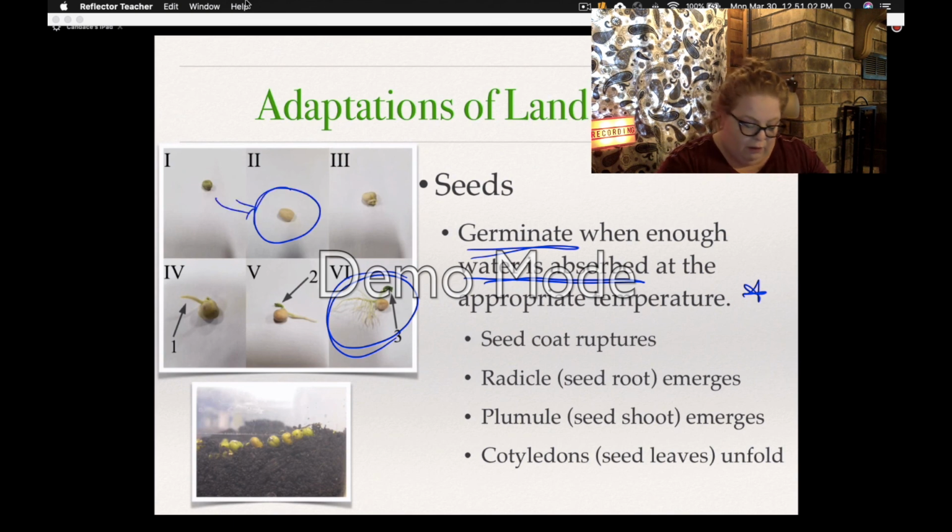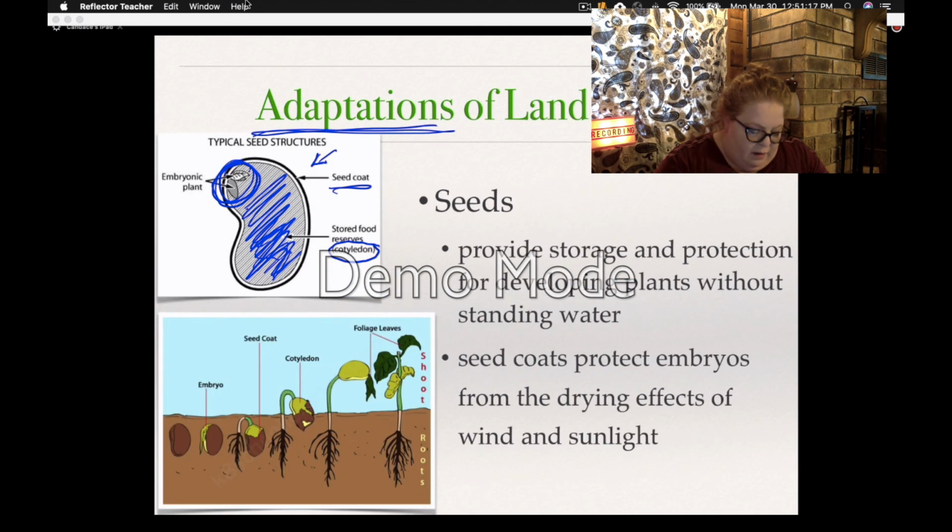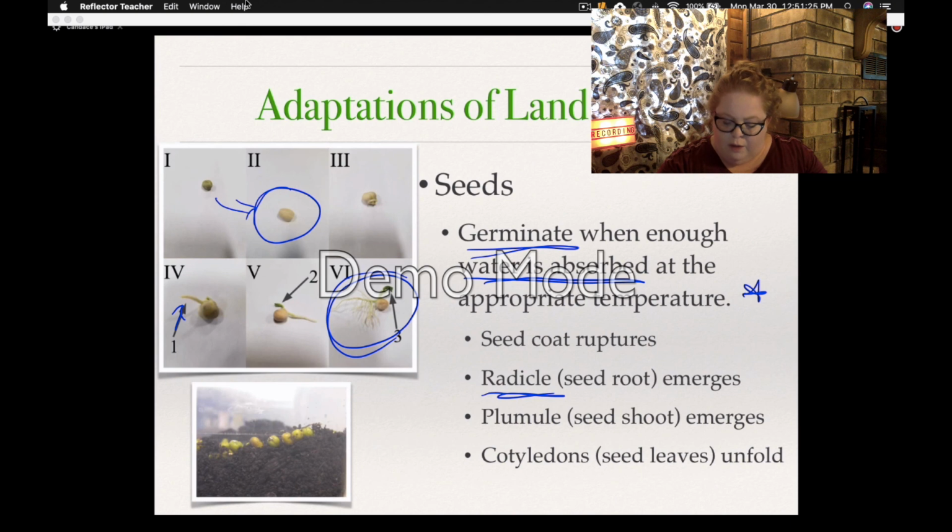And then you can see it right here, and more here, we get this seed root, which is called the radicle. You can also see it in this picture here. Then we have the shoot emerging, which is called the plumule.